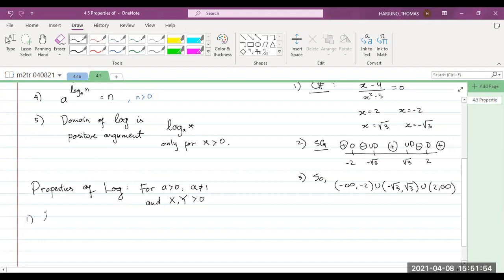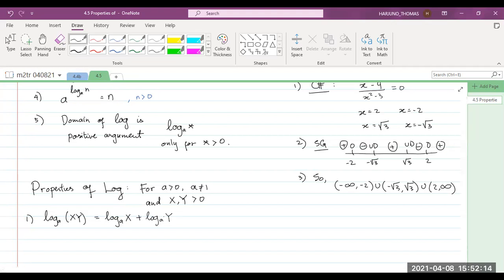First one, log base a of the product xy equals log base a of x plus log base a of y. Log of a product equals the sum of logs.